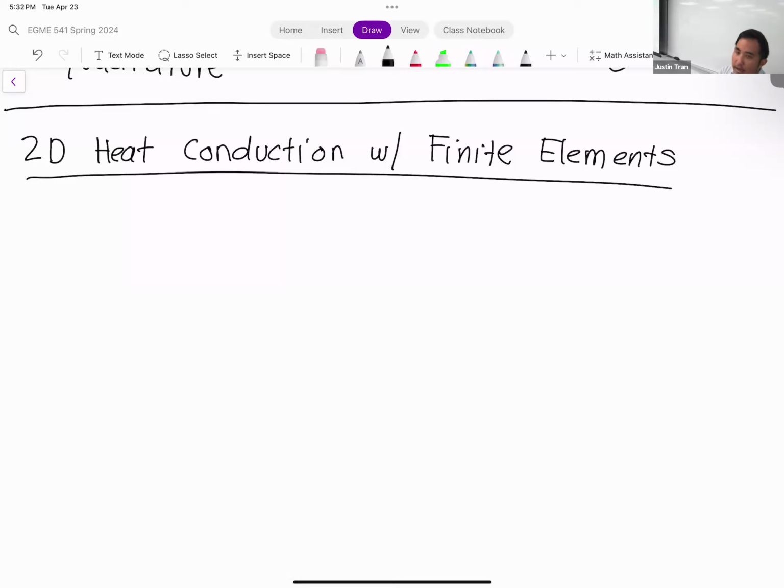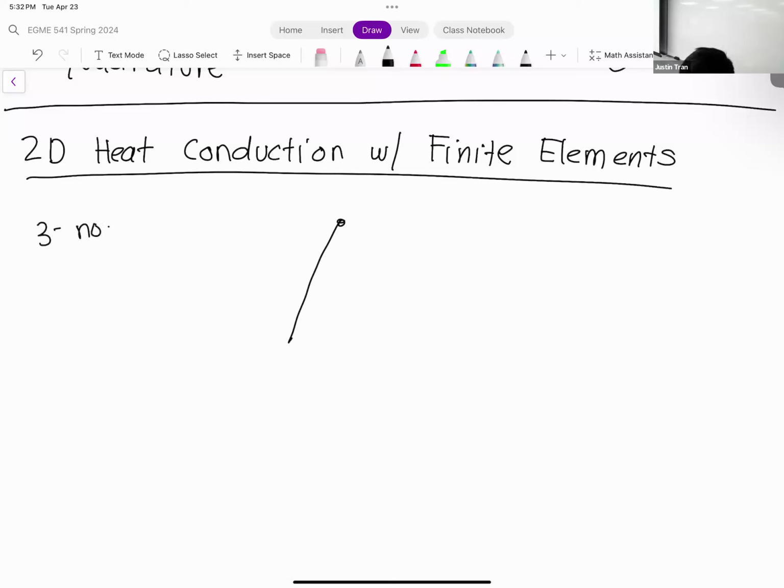The reason we're making this shift from structural mechanics to heat transfer is that once you get into multiple dimensions, the heat transfer equation becomes a lot easier to solve than the structural mechanics one, just because temperature is a scalar field versus deformation, which is a vector. In particular, we were looking at the triangular element.